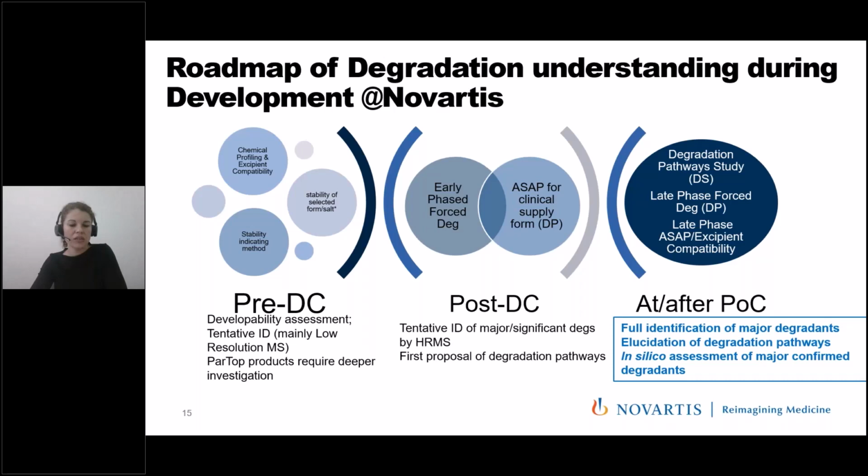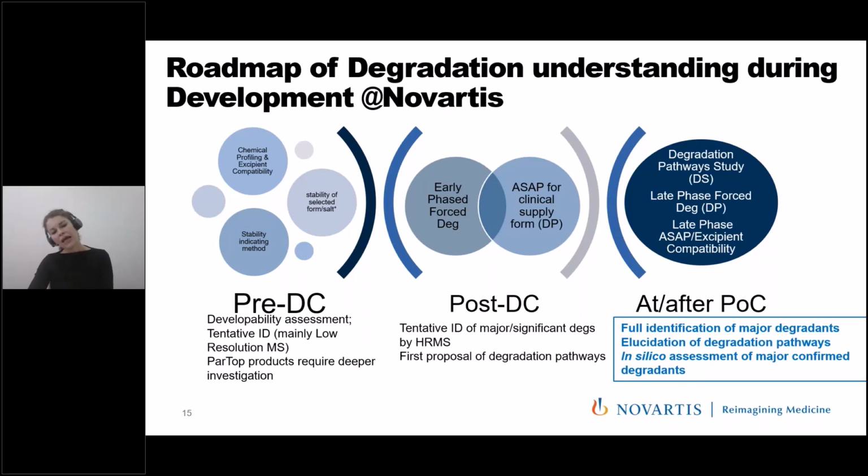So pre-DC, before we actually declare a compound as a drug candidate to go into first-in-human trials, we perform mainly tentative ID, mainly low resolution. Some deeper investigations are performed for parenteral and topical projects, as there we need to lock the formulation quite early, especially for the topicals.